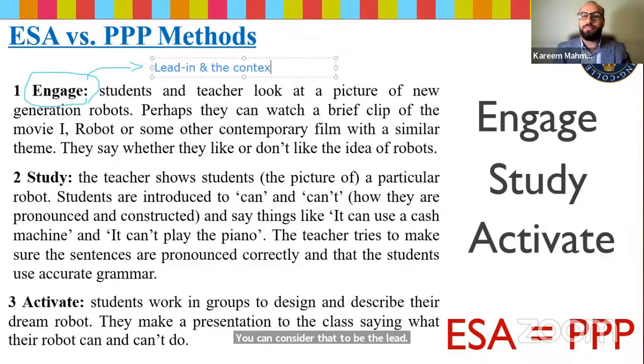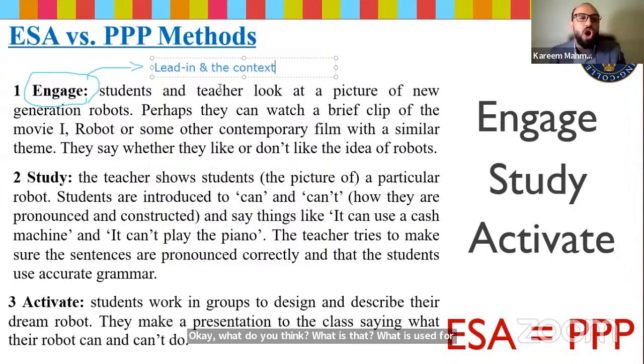So in the engage stage, students and teacher look at a picture and you start to elicit: what do you think? What is that? What is it used for? You do the lead-in, you set up the context.